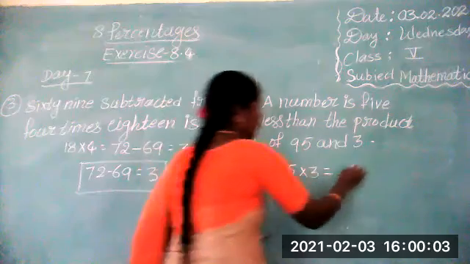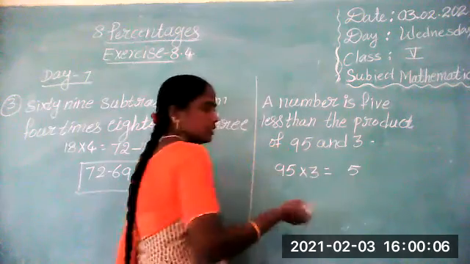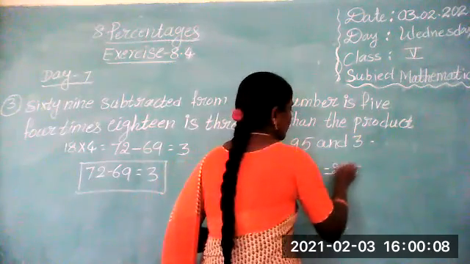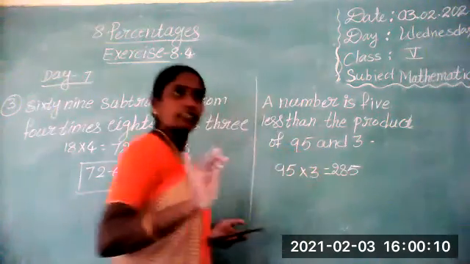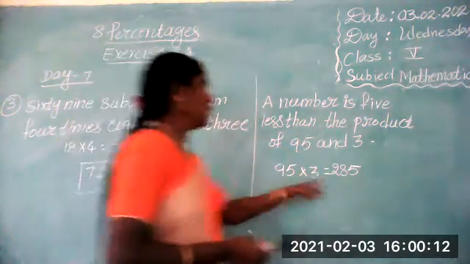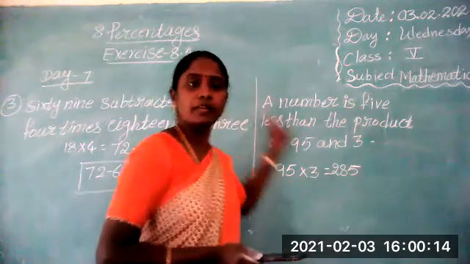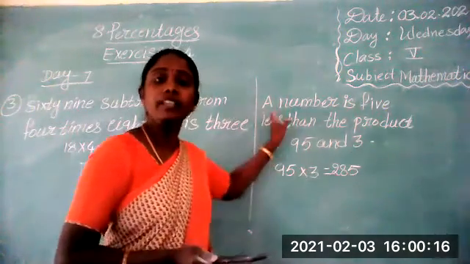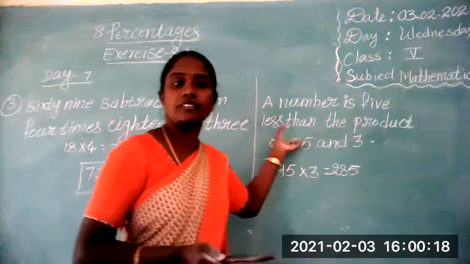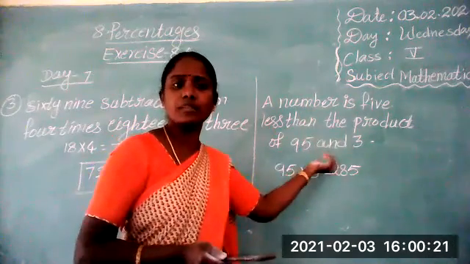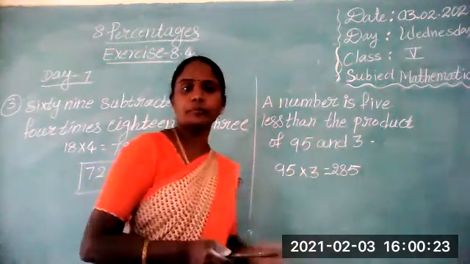3 fives are 15, plus 1 is 16. 3 nines are 27, 28. 285. But the number is 5 less than. 5 less than means subtract 5.